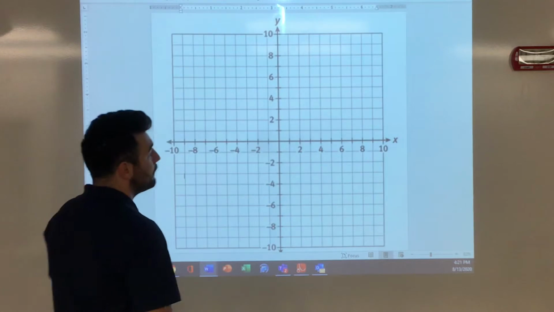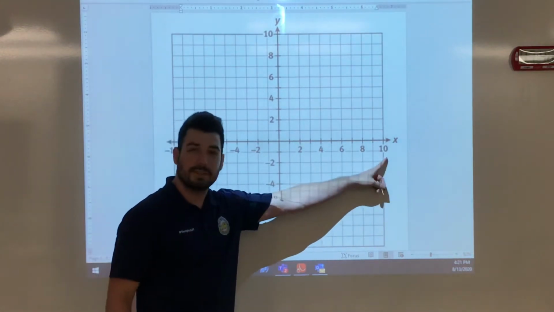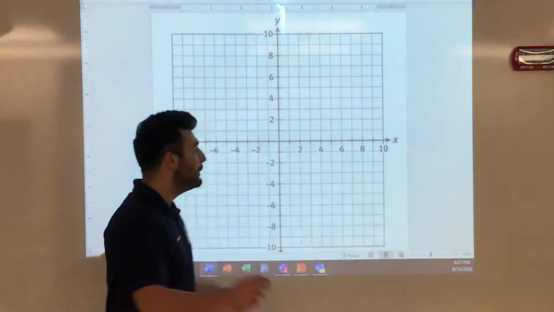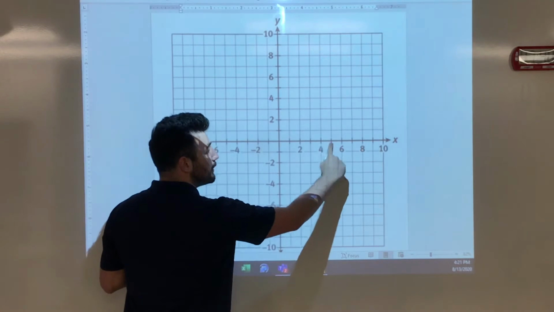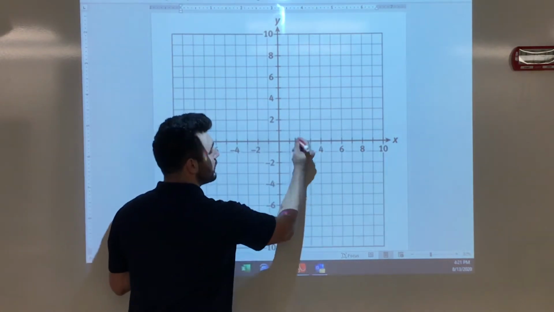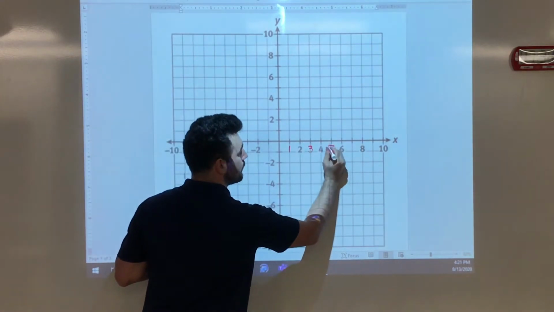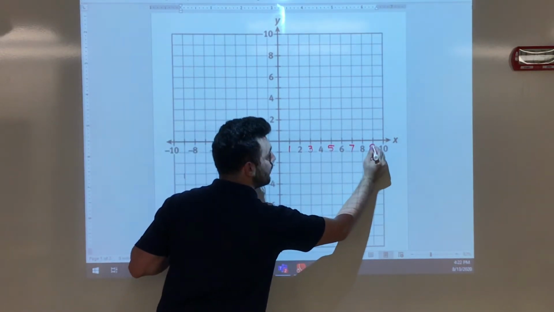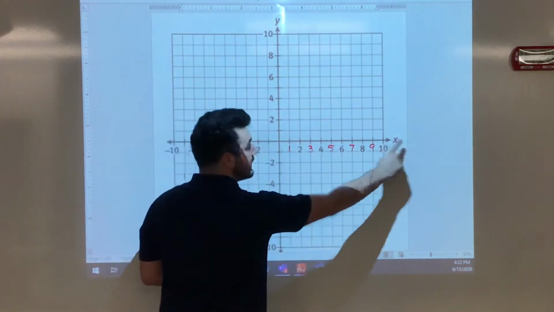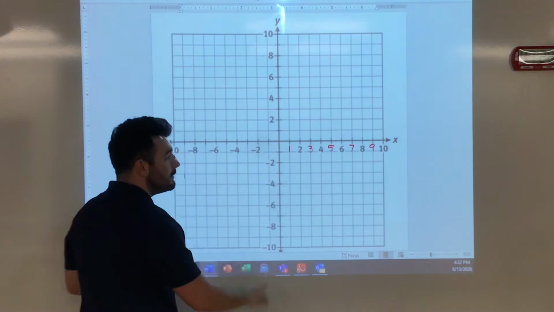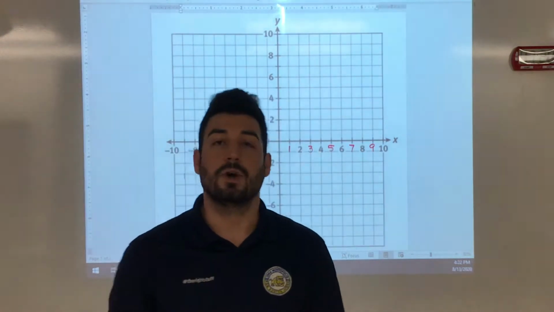In this example, it's numbered off as 2, 4, 6, 8, 10, so it looks like we're counting by twos, but because there's tick marks in between every number, we're counting by ones. So I could write 1, 2, 3, 4, 5, 6, 7, 8, 9, 10. This coordinate grid goes 10 units in every direction, left, right, up, and down, so our units in this case are ones.